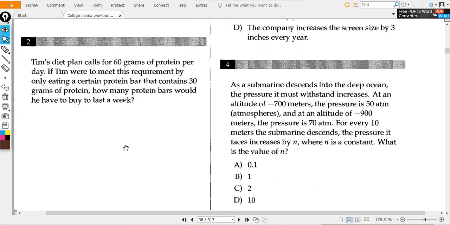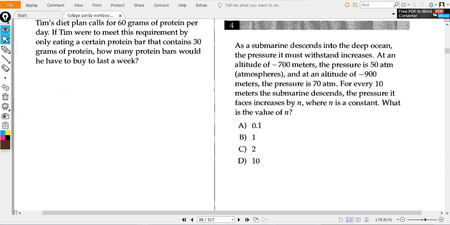Okay. Now, question number 4. As a submarine descends into the deep ocean, the pressure it must withstand increases. And we know that. When we go down in a deep ocean, the pressure will increase. You know that, right?